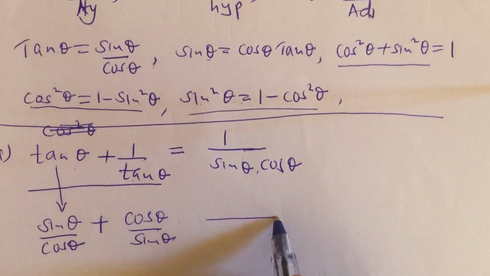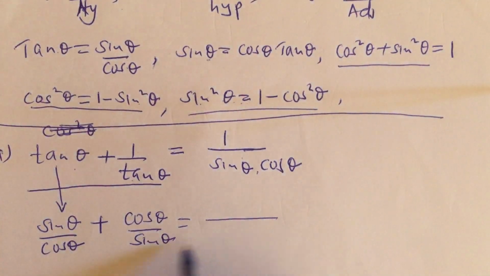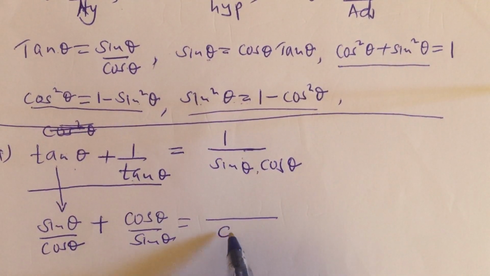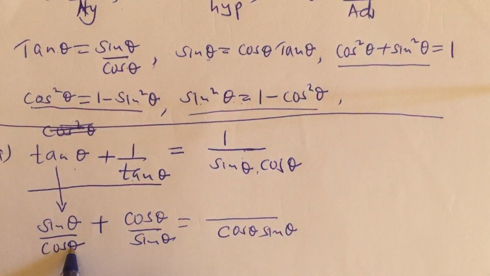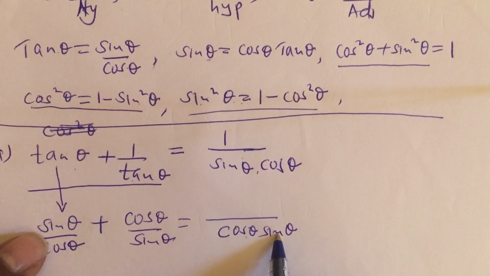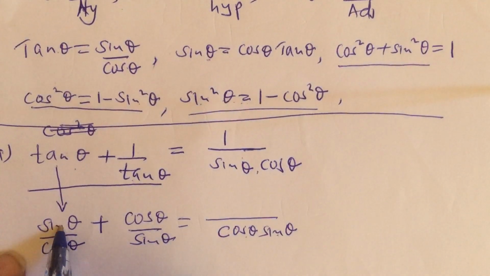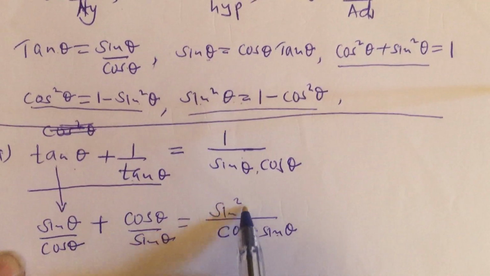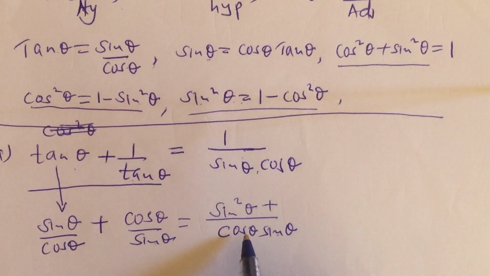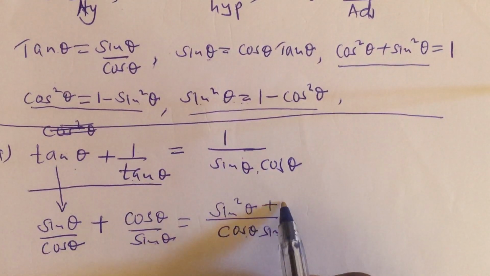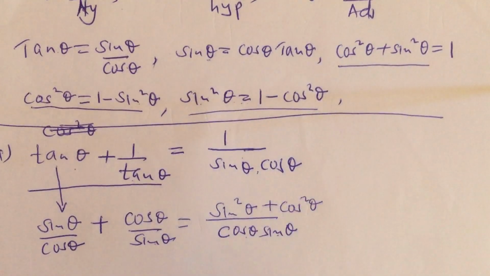By look of the LCM here, we'll see that the LCM will be cos theta sine theta. Now cos goes here sine times, and if we multiply this sine and this sine, we have sine squared theta, plus this one and this one cancel, we remain with cos, and cos goes to cos squared theta.